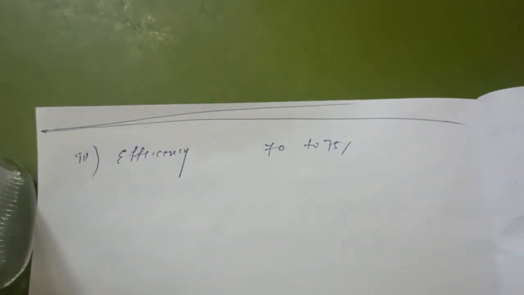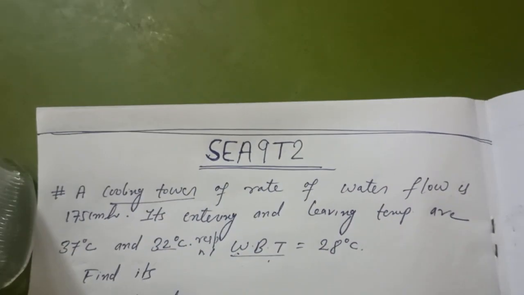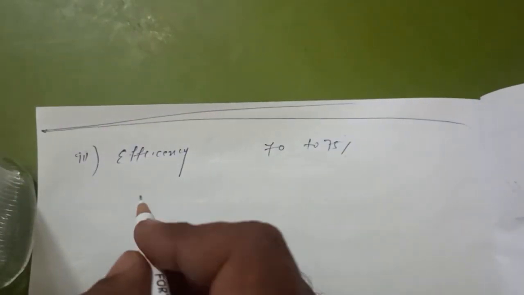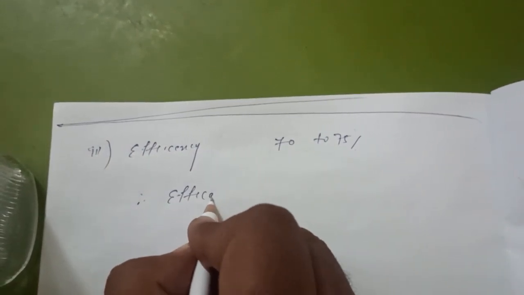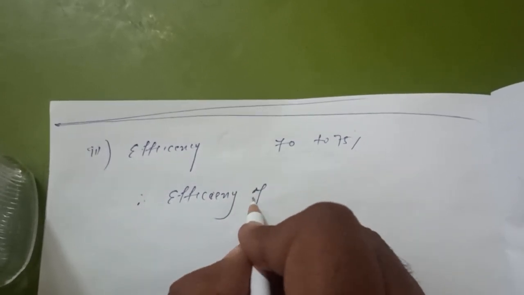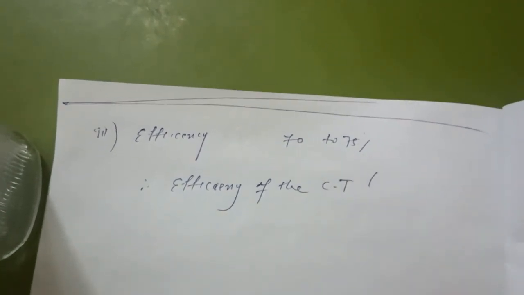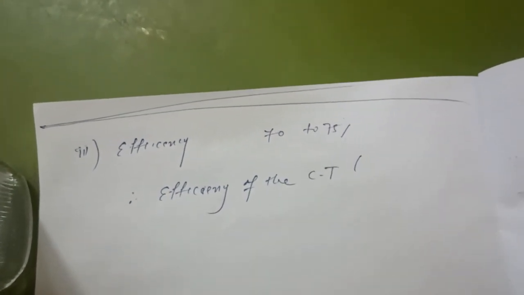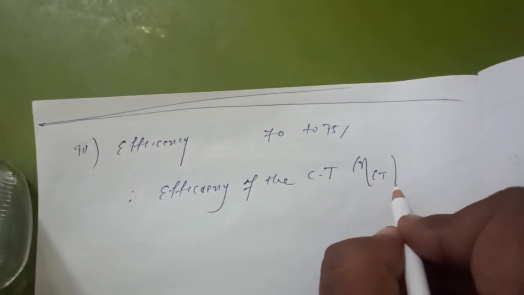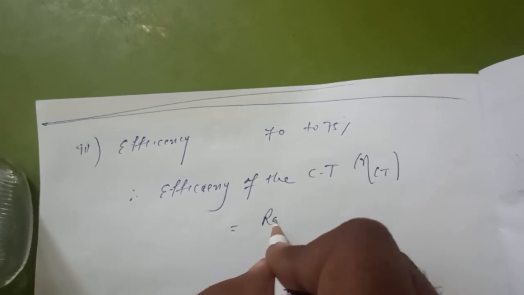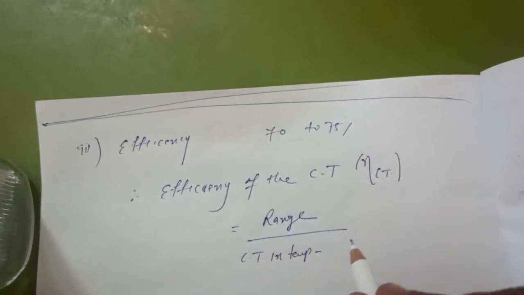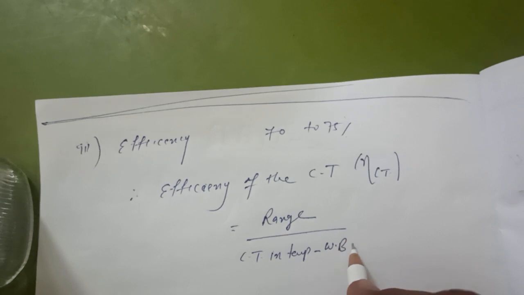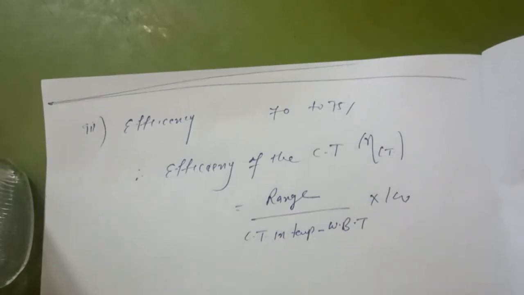Let's see what is the efficiency of the cooling tower we have selected for this project. The efficiency of a cooling tower, eta T, equals range divided by cooling tower inlet temperature minus WBT, into 100.